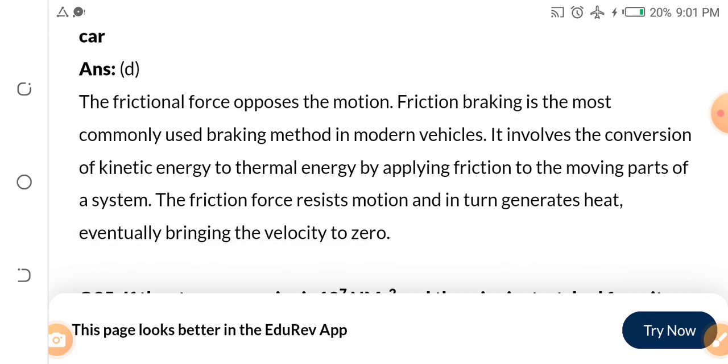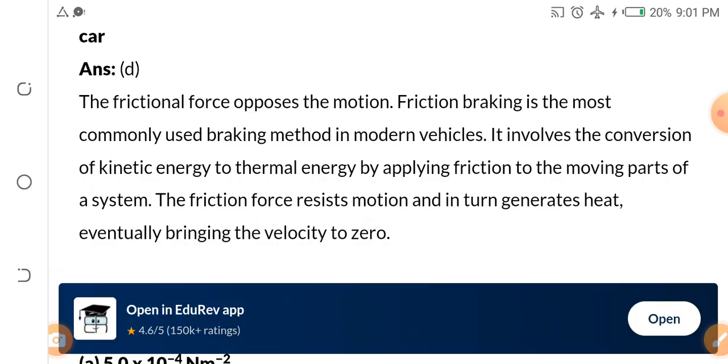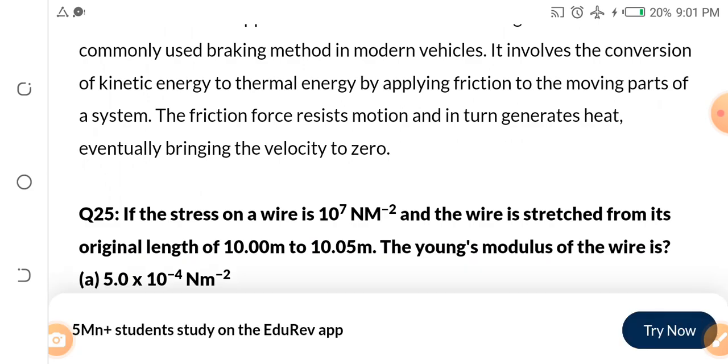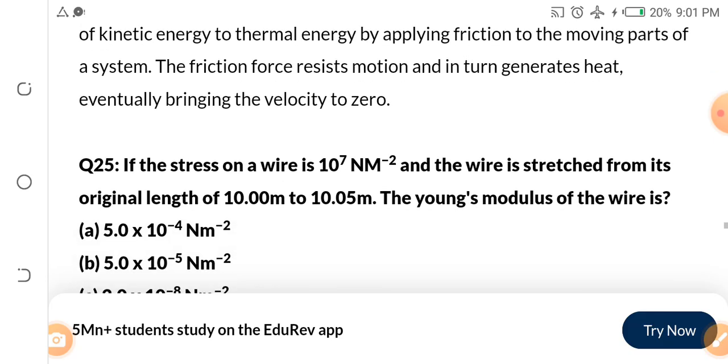The frictional force opposes the motion. Friction braking is the most commonly used braking method in modern vehicles. It involves the conversion of kinetic energy to thermal energy by applying friction to the moving parts of a system. The friction force resists motion and in turn generates heat, eventually bringing the velocity to zero.